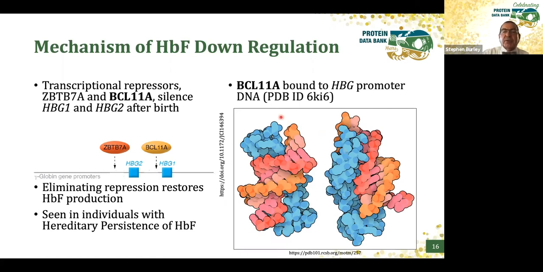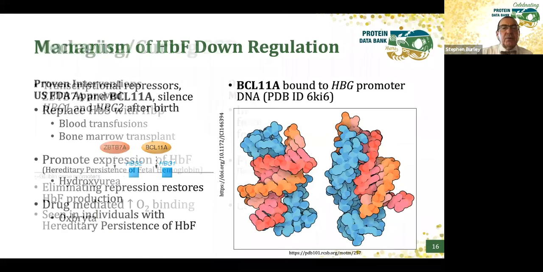And the BCL11A protein is shown here in an all-atom representation binding to the DNA double helix. This interaction is at the atomic level, what I'm showing here schematically in this picture. Once this complex forms on the promoter of the hemoglobin gamma 1 gene, RNA polymerase cannot bind, and you cannot make the hemoglobin gamma 1 messenger RNA. So please tuck that away, because this is going to come back in the story.